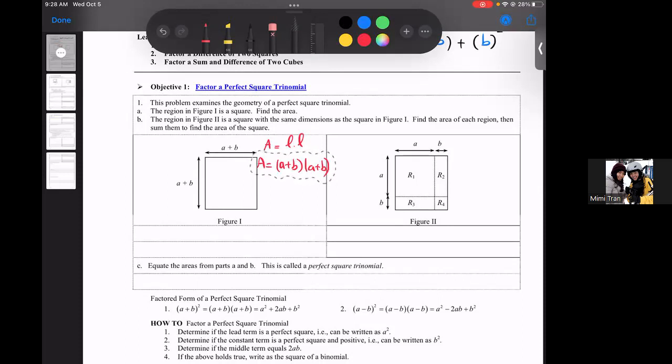What's (a plus b) times (a plus b)? Let's FOIL this. A times a is a squared. A times b is ab. B times a is the same thing as a times b, right? Plus another ab, and then the last one, b times b, b squared.